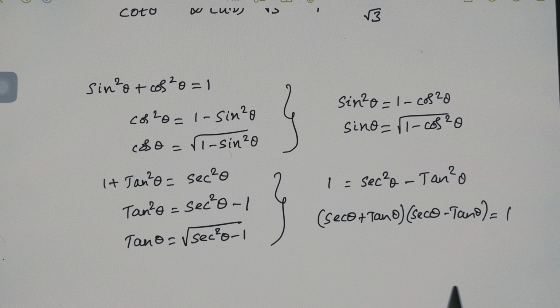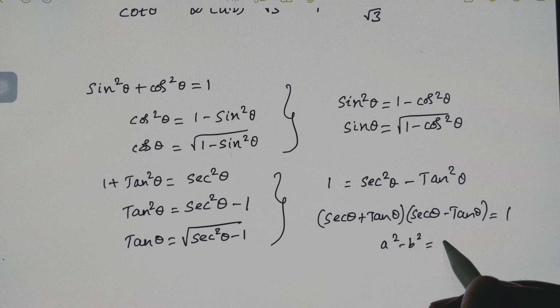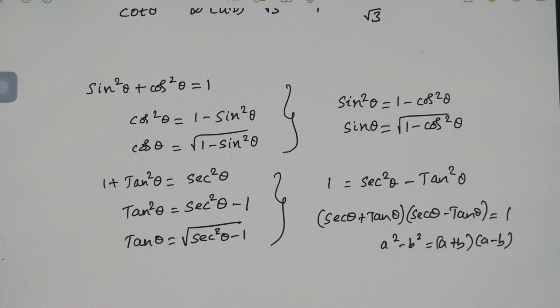Here we are applying the identity a square minus b square is a plus b into a minus b. So we have got four different formulas from the second identity. We can substitute in place of tan square theta this value, and for tan theta this value. You can substitute secant square theta minus tan square theta is 1, and also secant theta plus tan theta into secant theta minus tan theta equals 1.